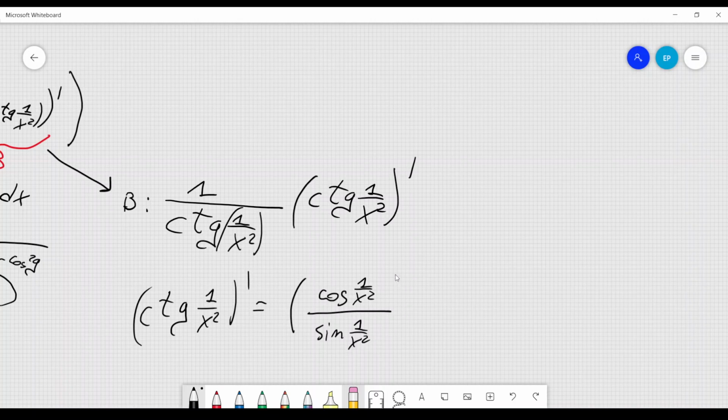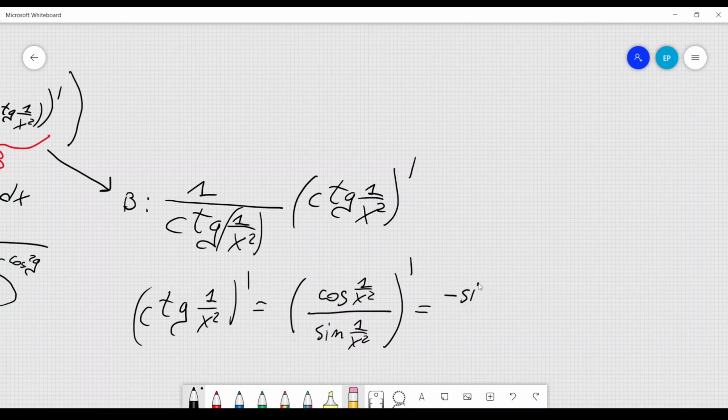This is what the cotangent is, right? So we have the derivative of this ratio. We have to take the derivative of the numerator and multiply it by the denominator, without taking the derivative of the denominator.